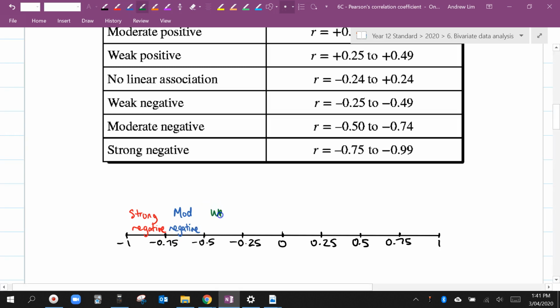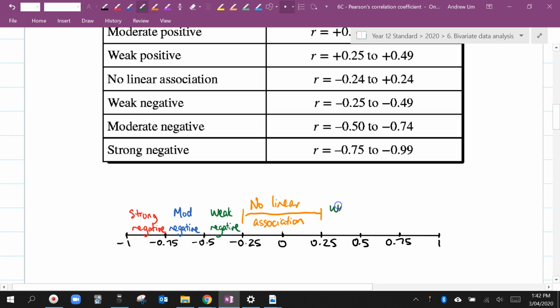This one, weak negative. But from here to here, we say there's no linear association. Okay, so there's no relationship between the two variables.